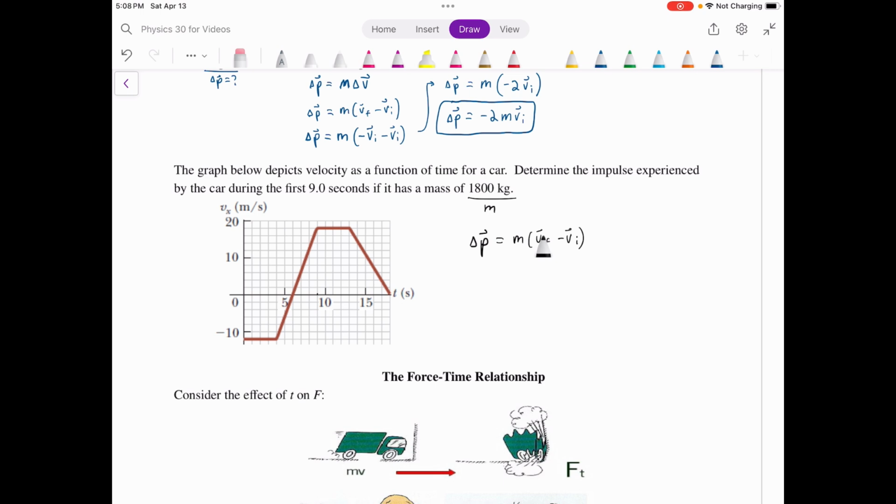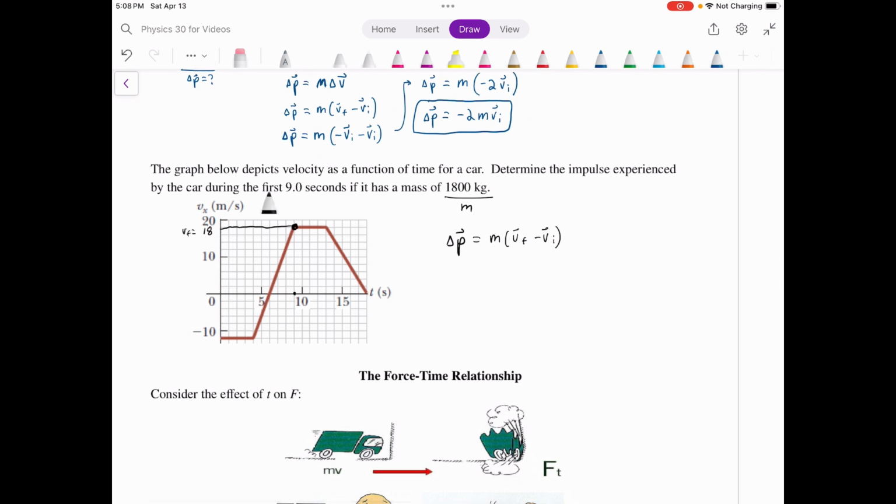So we can just read its final velocity and its initial velocity and get what we need for this question. So at 9 seconds, the car was moving at, okay, this is 10, this is 20, so it looks like it's going up by 2s: 10, 12, 14, 16, 18, 20. So the final velocity looks like it's 18 meters per second.